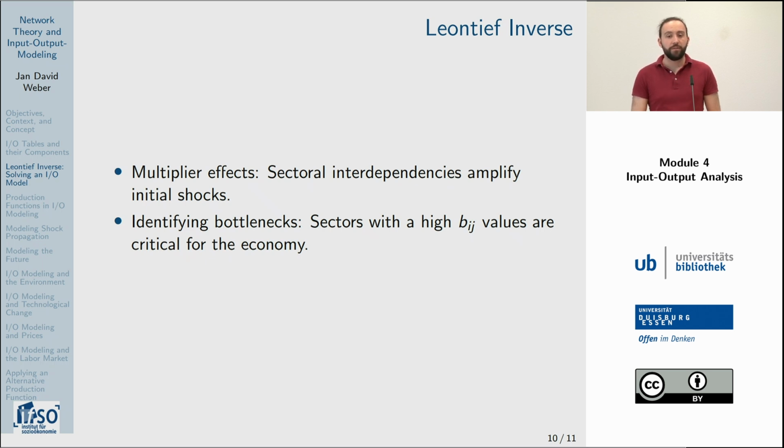Here, sectors with a high value in the Leontief inverse are really critical for the economy, because those are the ones that this sector requires a lot of input of. So just by relatively comparing the input origin, if one sector depends 90% on another sector, well, that sector is extremely crucial for the other sector, because 90% of its output depends on its inputs from there.